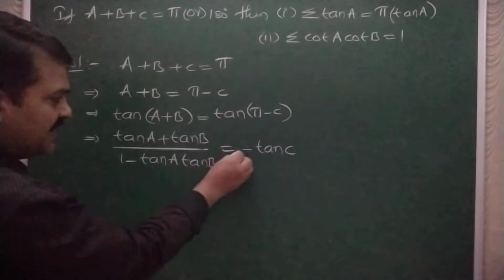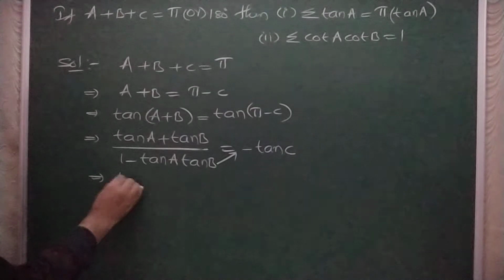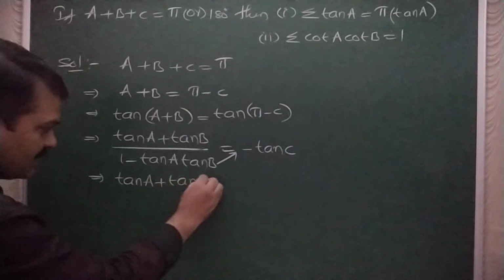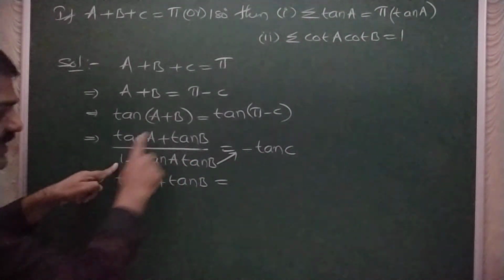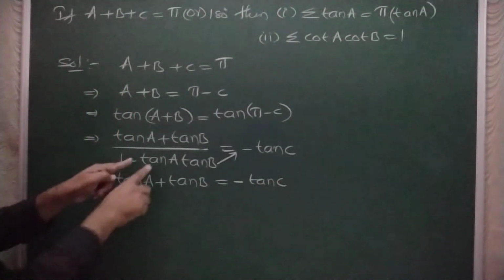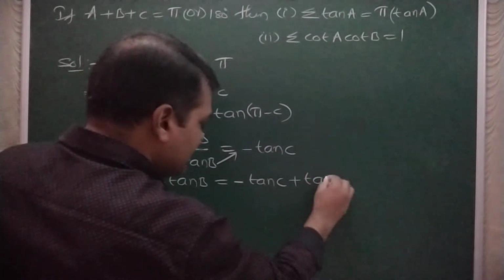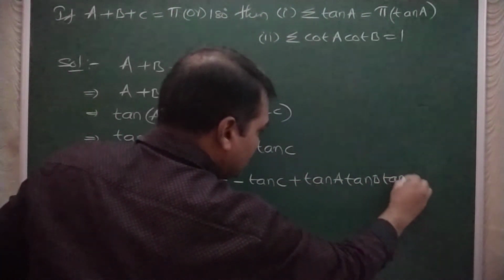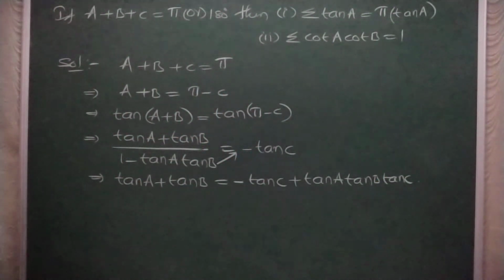Now just cross multiply the denominator part. So tan A plus tan B. See the multiplication carefully. 1 into minus tan C, minus tan A tan B into minus tan C. So plus tan A tan B tan C. So this minus tan C can be shifted to the left side or LHS now.